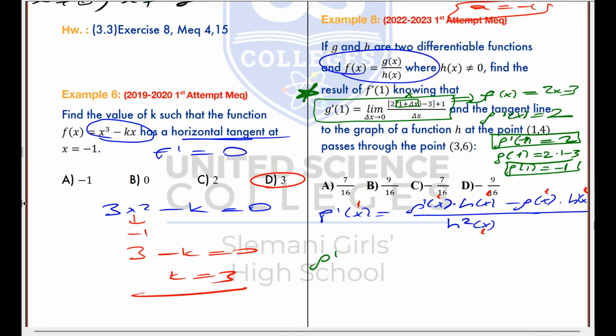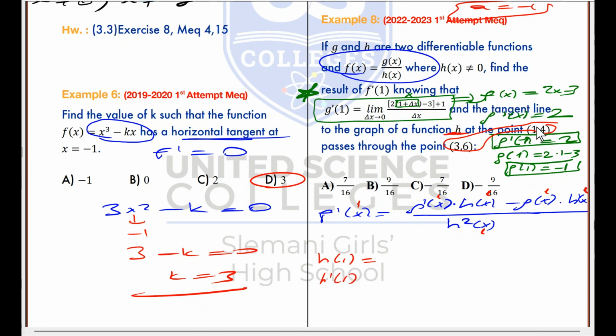Another missing information would be finding the values of h of 1 and h prime of 1. So we are going to use that information now. Here we have 2 points given. So for h, we are looking for h of 1 and h prime of 1.